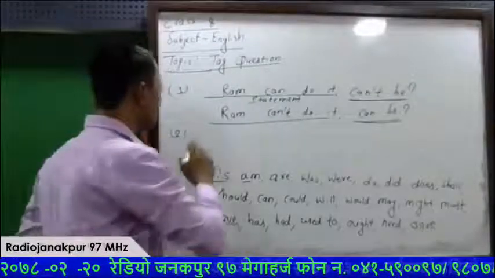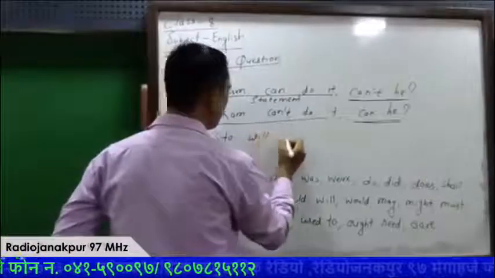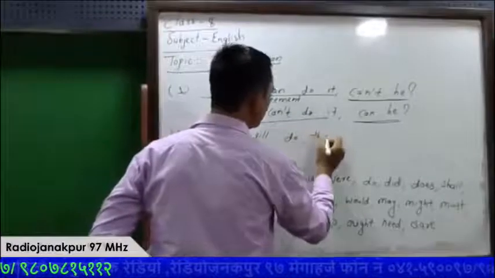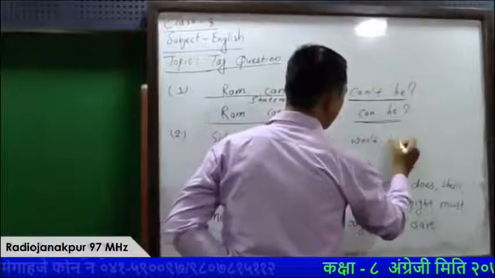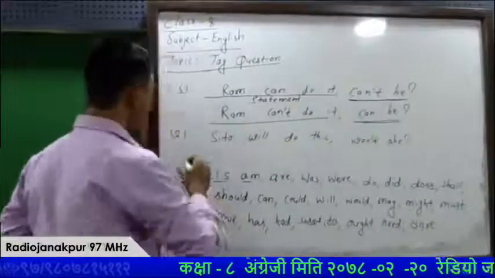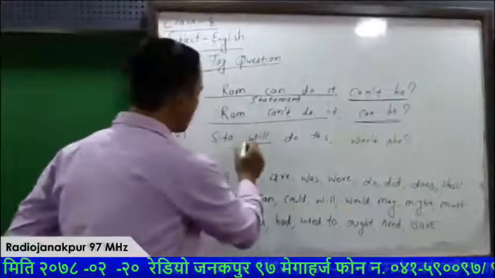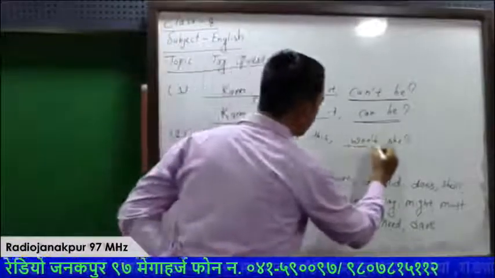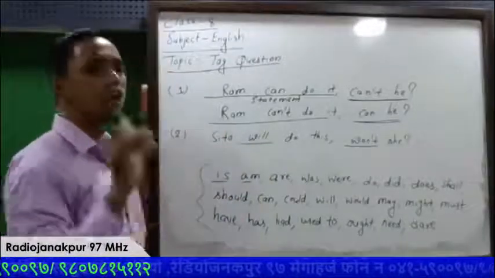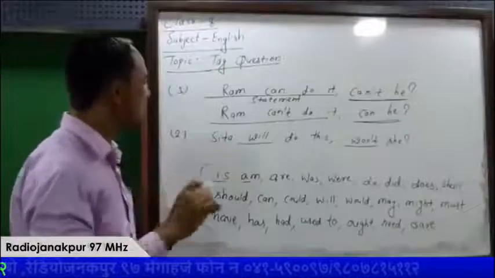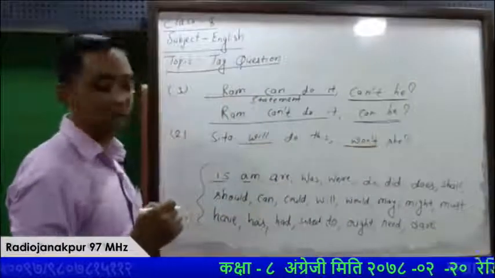For example, Sita will do this, won't she? Here will is the auxiliary verb and the same verb is repeated in the tag question, but we have to consider the first rule that if the auxiliary verb is positive in the statement, the auxiliary verb should be written in the negative form in the tag question.